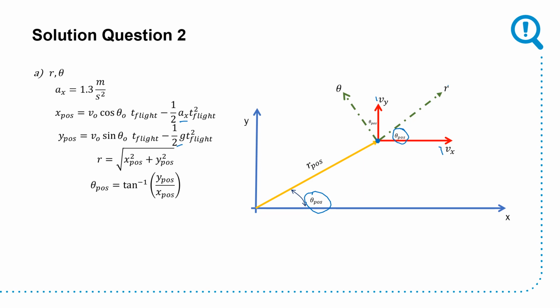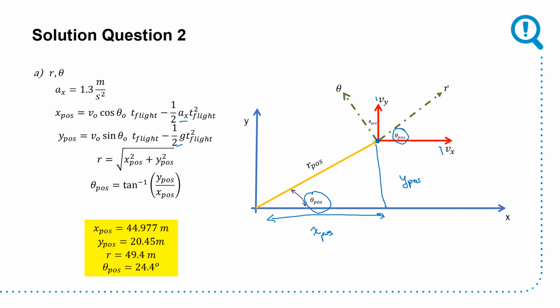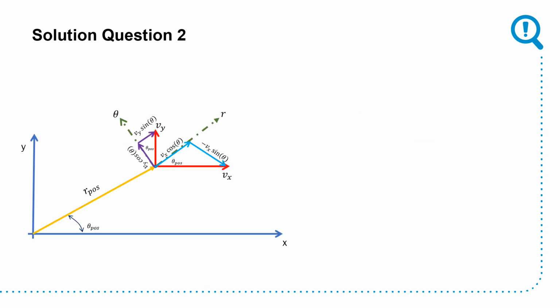Put in the terms, x position, y position. So the x position and y position are determined this way, and you end up with x position, y position, r equals, and the theta at that time of 24.4 degrees. So remember, you started at 29 degrees, you're now at 24.4 degrees.